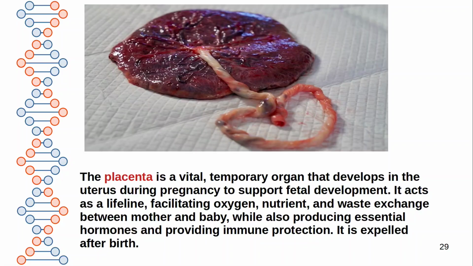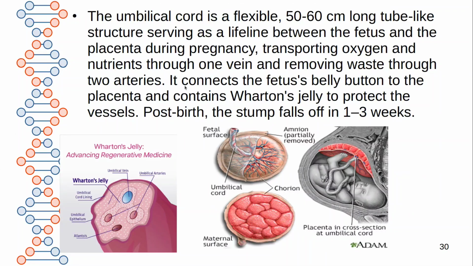You can observe the structure of the placenta and umbilical cord. Next question is umbilical cord. You may be asked questions about it. The umbilical cord is a flexible 50 to 60 centimeter long tube-like structure serving as a lifeline between mother and the fetus, connecting the placenta and the fetal body.